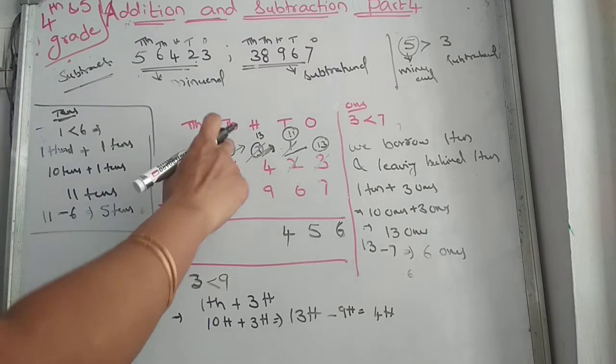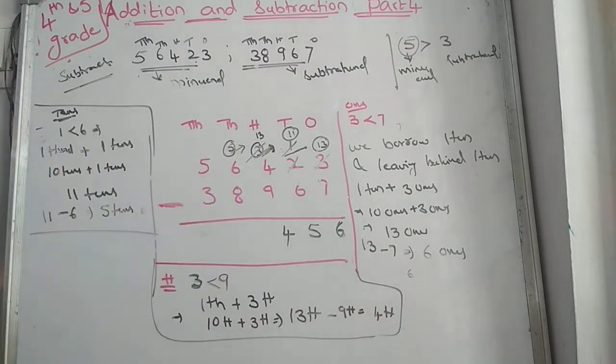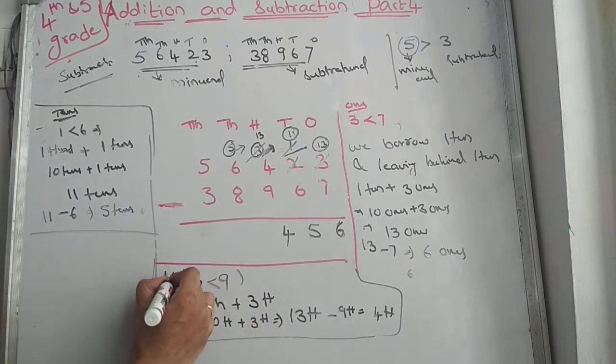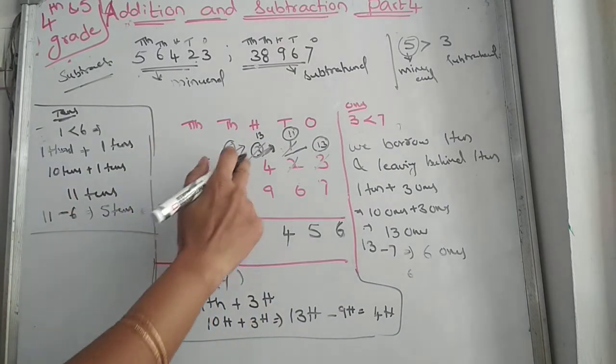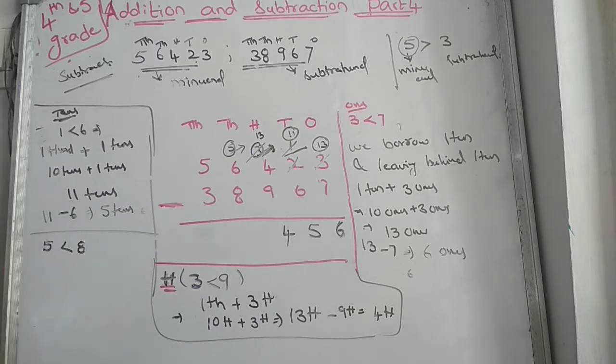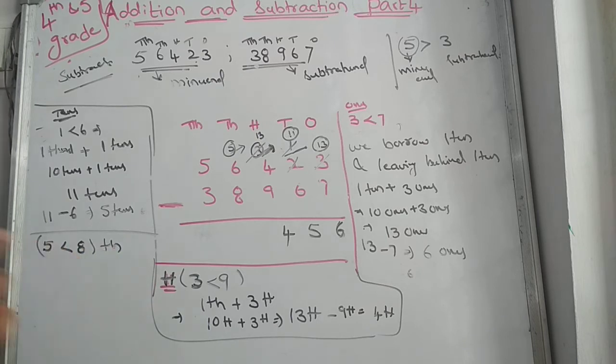So what will we get here? 5. Again in the thousands place, 5 is less than 8. This is the hundreds place, H means 100. 5 is less than 8 in the thousands place, so subtraction is not possible.